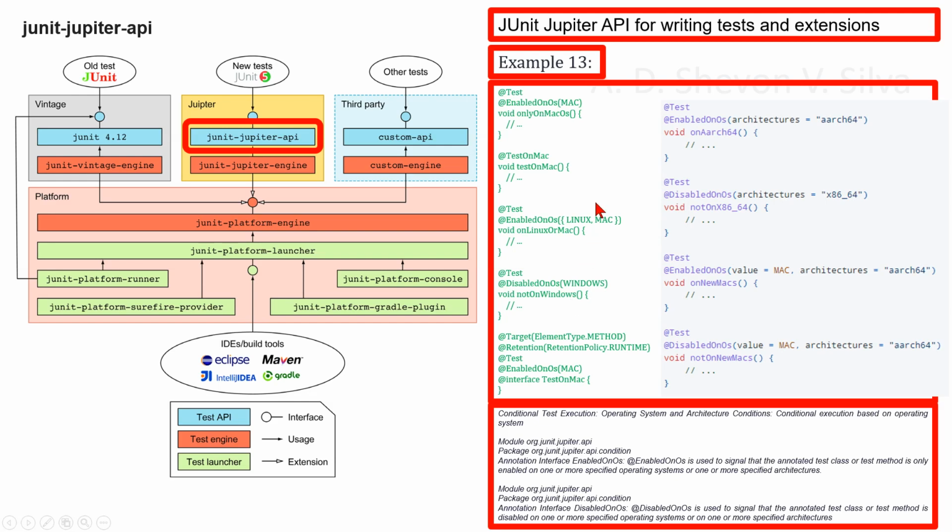A container or test may be enabled or disabled on a particular operating system, architecture, or a combination of both via the @EnabledOnOs and @DisabledOnOs annotations.